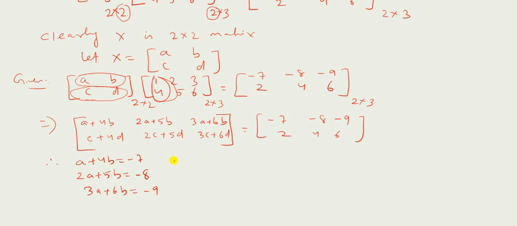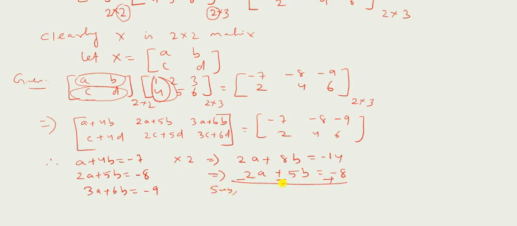So let me multiply the first one by 2. It will be 2A plus 8B equal to -14, and the second equation is 2A plus 5B equal to -8. Then you subtract. Minus minus becomes plus, so 3B is equal to -6 and B equals -2.